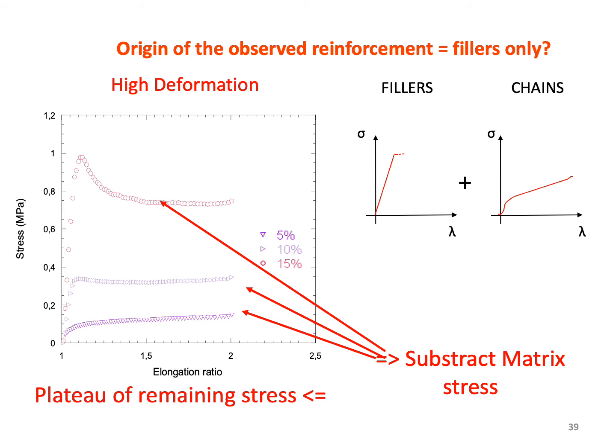You see that now we have a filler contribution, which is more or less a plateau, except the overshoot for 15%. This overshoot is actually due to a kind of softening under strain of the very rigid sample. So altogether, we have a plateau contribution from the silica network.